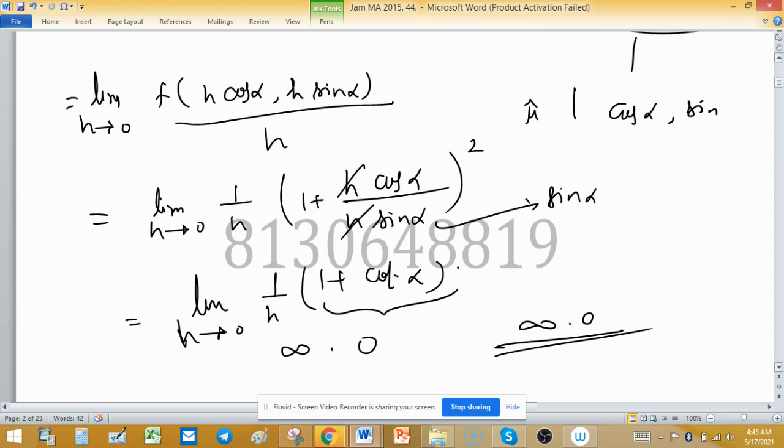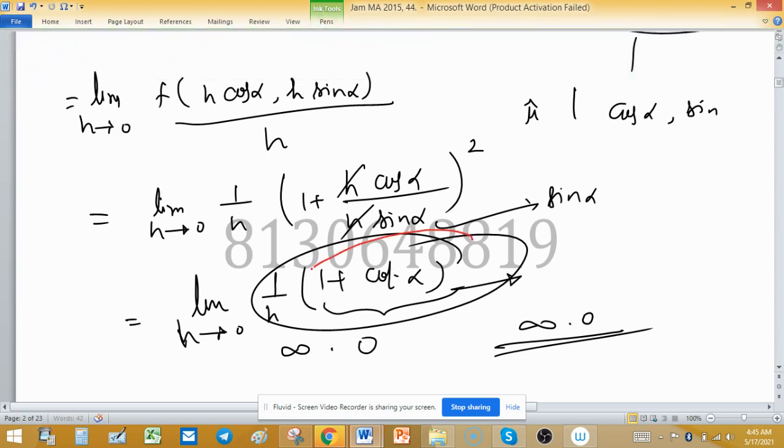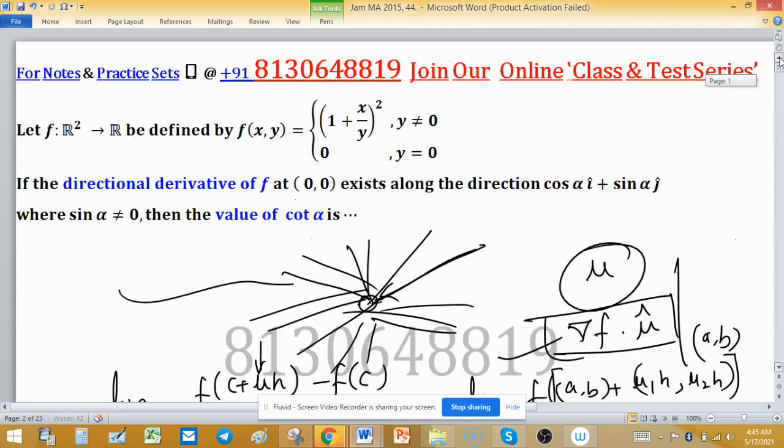The limit can be found only when the value of this expression, the red part, 1 plus cot alpha, is 0. This means that cot alpha is equal to minus 1. As we have to find the value of cot alpha, the value of cot alpha is minus 1.